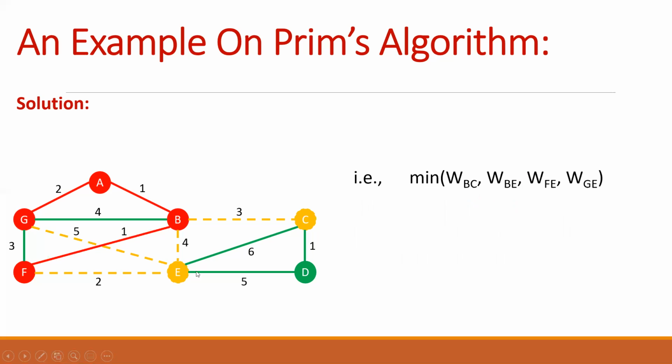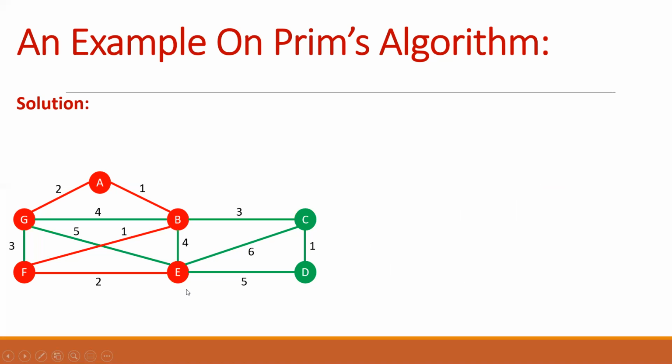So we find the minimum of BC, BE, FE, and GE. These weights are 3, 4, 2, and 5. So 2 is the minimum of these values, and 2 is corresponding to the edge FE. Means the next vertex that is to be connected to this subgraph GABF is E. So highlight E also or connect E also. So our subgraph is extended from GABF to GABFE.